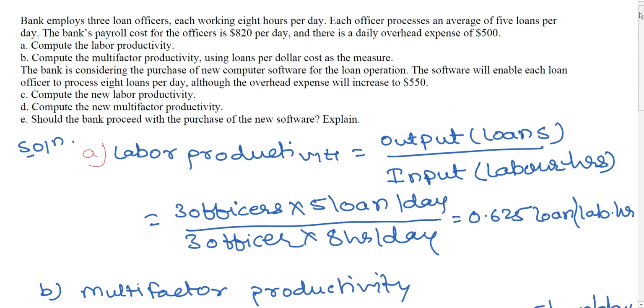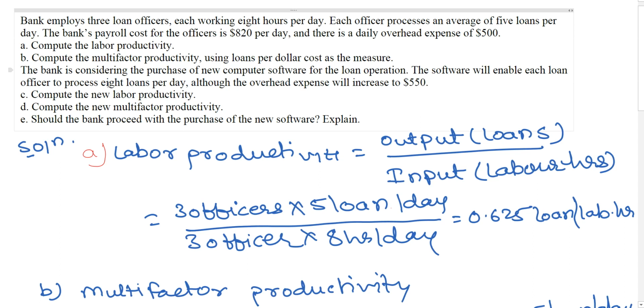Now there is part C, compute the new labor productivity. Then how to calculate the new labor productivity? We know that the new output after applying the software is 8 loans per day, as mentioned here.